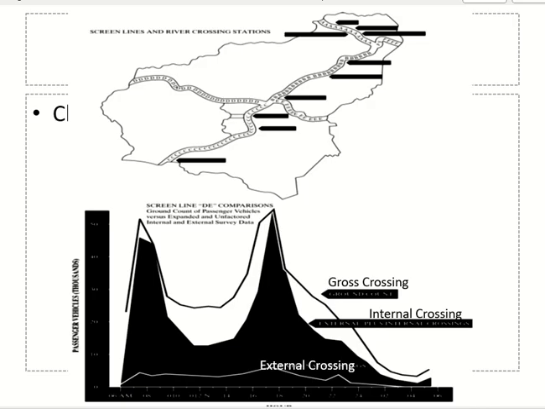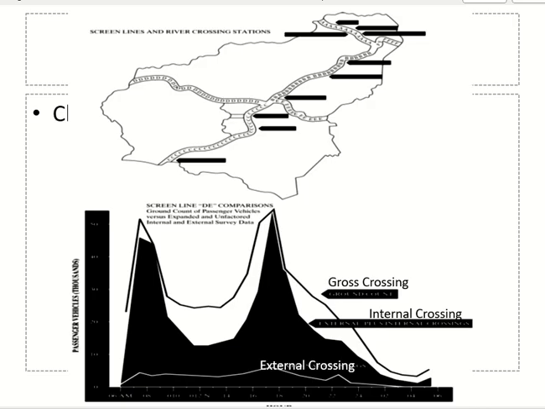Now, if you compare internal and external, which one is higher? Internal is higher, right? And it should be higher, because these external trips are unknown. I don't know from where they are coming, and even if I know the area, it's not of any interest to me. I'm interested in these two areas, right?